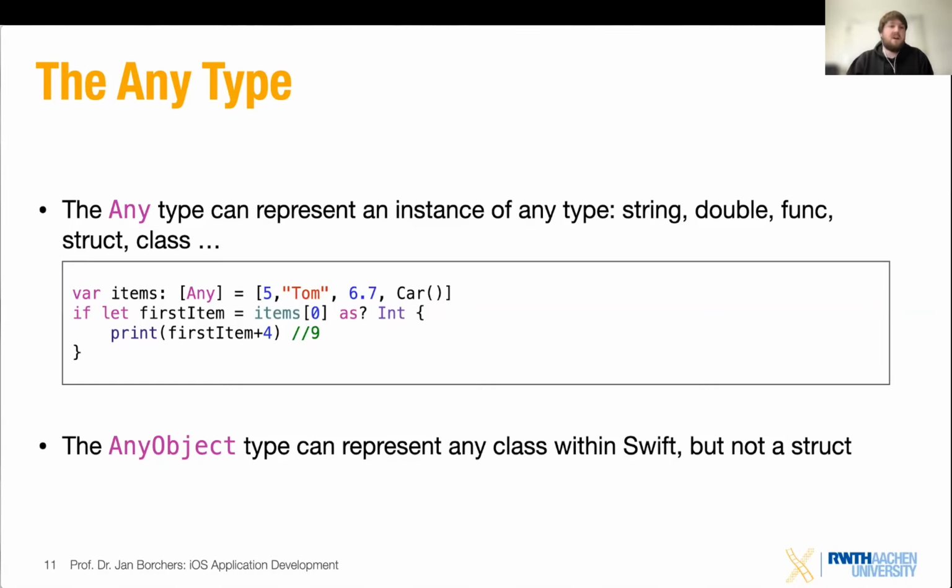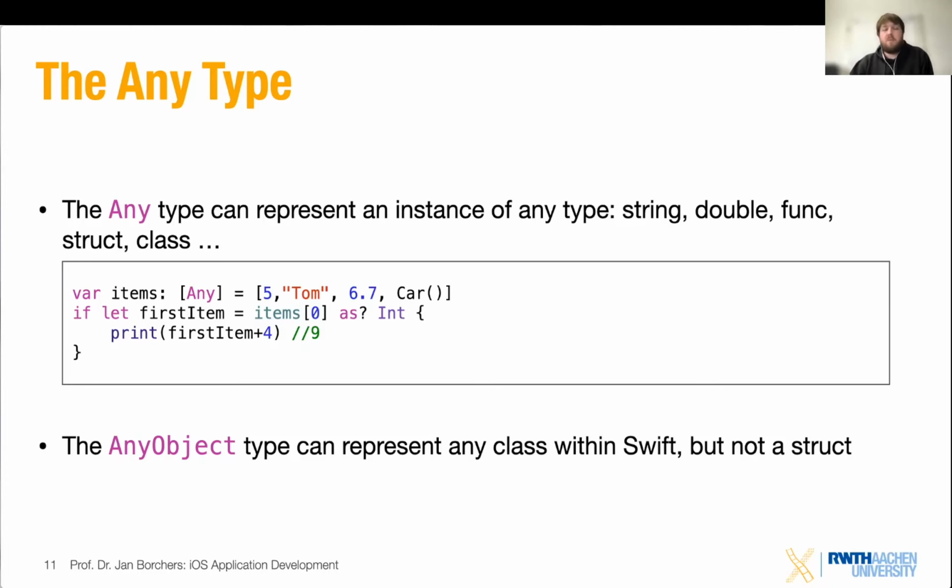object in there. Since functions are also their own type, I could also have a function that I assign in there. But then if I really want to use it, for example, the first item here, if I want to use it also as an integer, I need to cast it again. So here then, if let the first item I try to cast as an integer, then I would be able to also add another integer to it, and that would work.